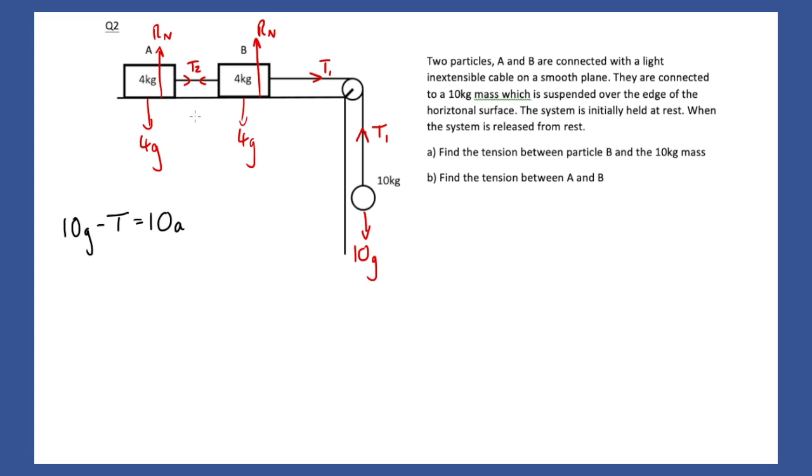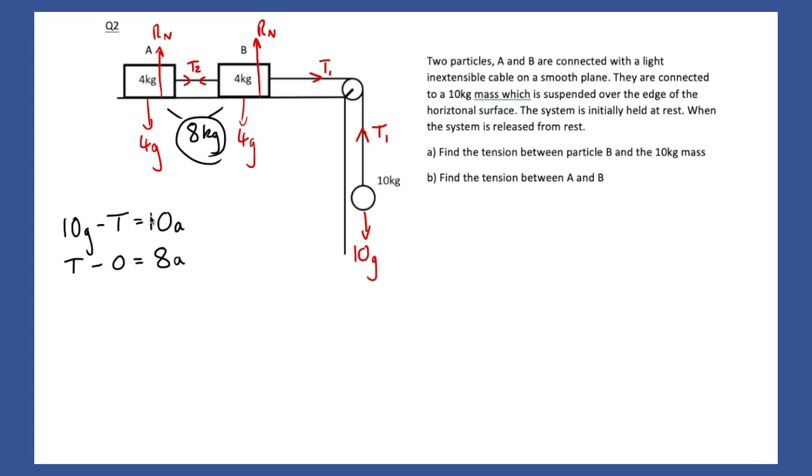So we're going to put A and B together as if they are an 8 kilogram mass. That works because this cable here is inextensible, so we can consider these two to be a single particle. So this one's going to be T, there's no resistive force, so it's T minus 0, and that is going to equal 8A.